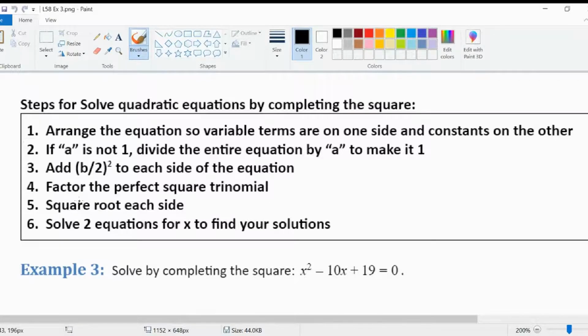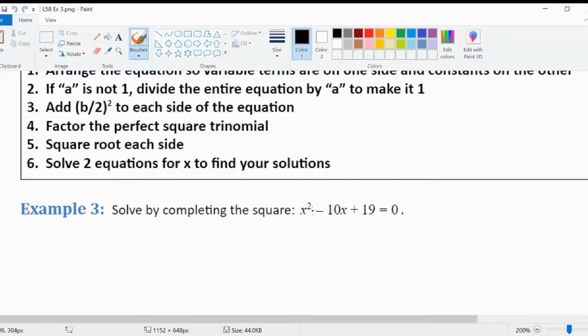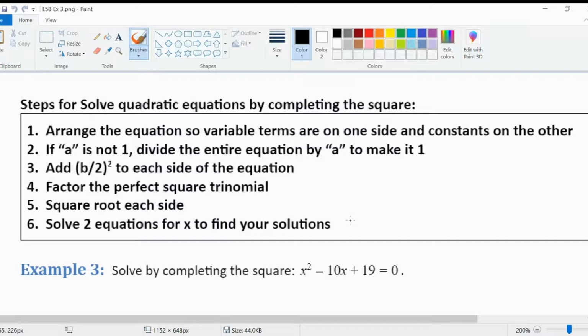So here are some steps to follow, and we'll refer to these steps as we go. First thing that we look at is x squared minus 10x plus 19. If I was going to try to factor this, I'm trying to multiply to 19 and then add to negative 10. Now 19, there's only one way to multiply to it, 1 and 19, and there's no way that I can add to negative 10. So this you cannot factor, but you can start to make your own trinomial that factors by making a perfect square trinomial.